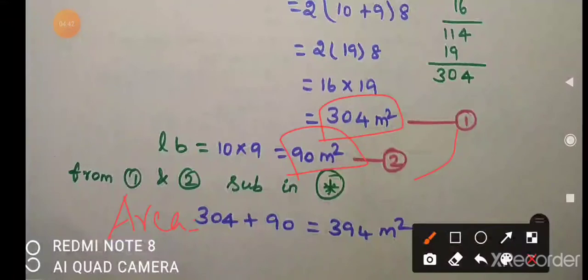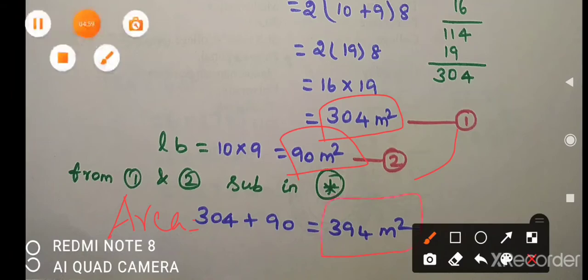So 394 meter square. This is our 4 walls plus 1 ceiling area.